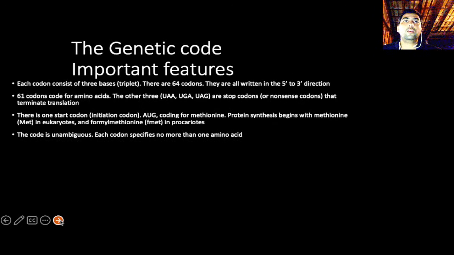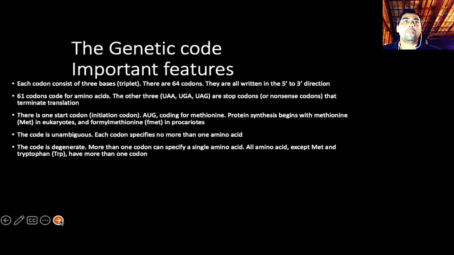The code is unambiguous, which means each codon specifies no more than one amino acid. And the code is degenerate, which means more than one codon can specify a single amino acid. All amino acids except methionine and tryptophan have more than one codon.